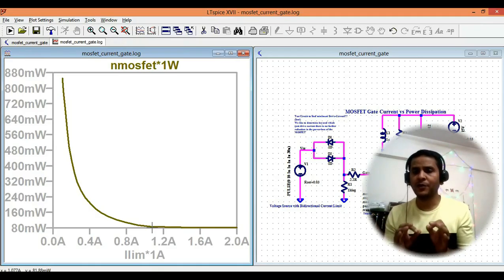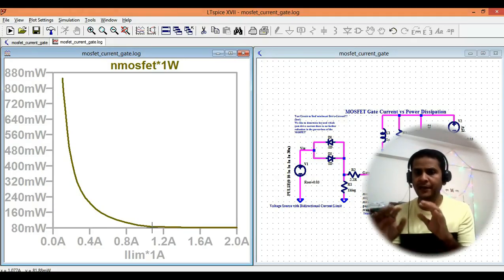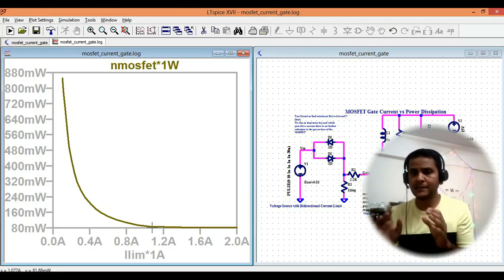So for this MOSFET to operate in the safe operating region, you need to apply a minimum of 1 ampere of gate current, 1 ampere of source current, and 1 ampere of sink current. If you don't apply 1 ampere of source current and 1 ampere of sink current, what is going to happen? Your MOSFET will dissipate more heat.